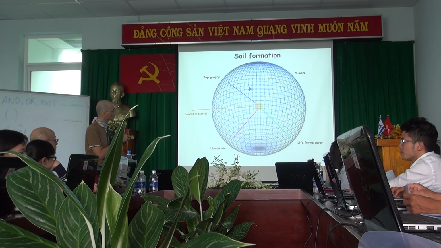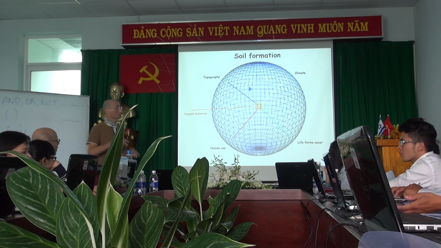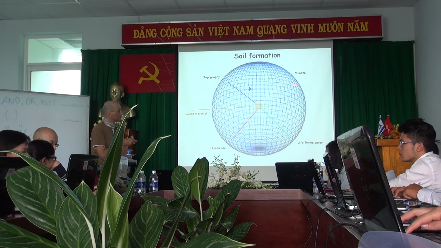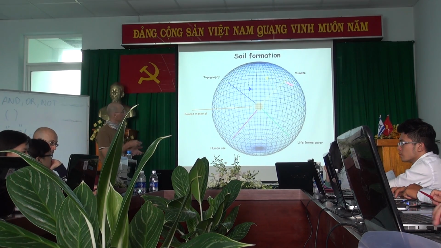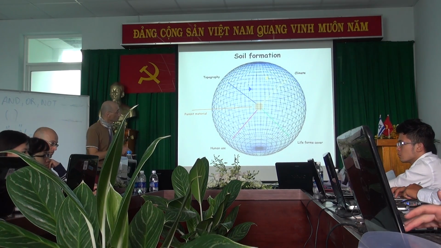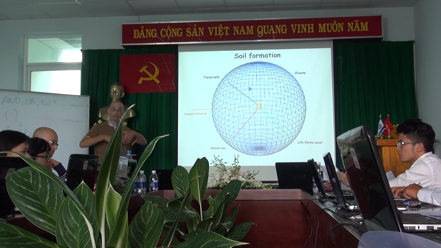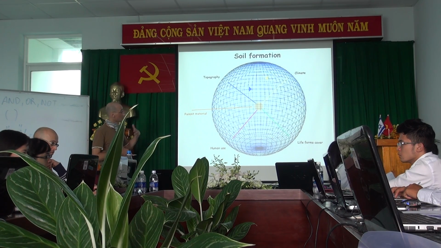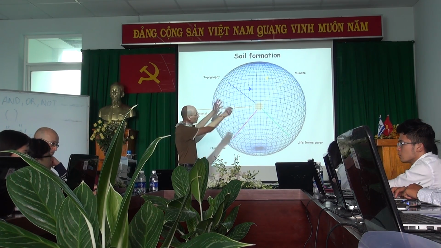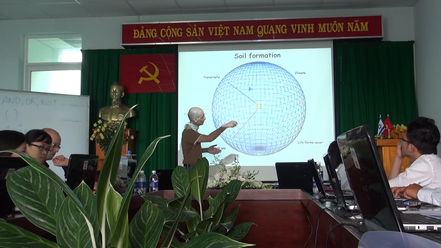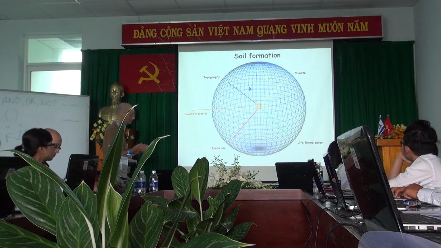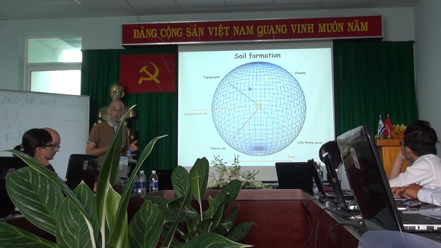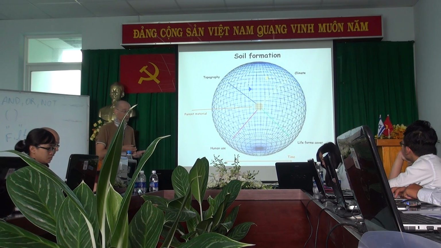So soil formation depends on the topography of the place, the parent material, the type of rock that you have, the climate that is working on this, the life form that develops on that particular place, and today, of course, human use. And this is, like you would say, a multi-parameter space, which is complex also in the sense that it changes with time. So it's not static, it's a dynamic process.